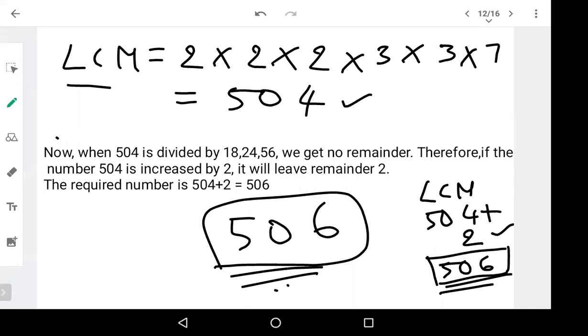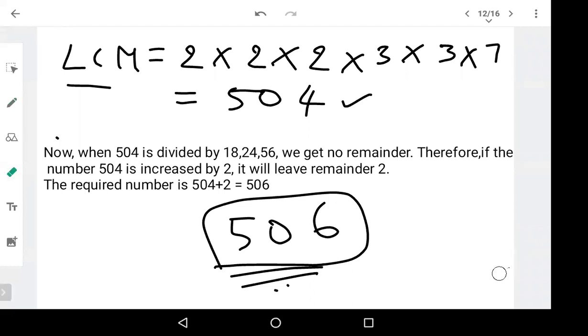When 504 is divided by 18, 24 and 56, let us find it out also. Let's not get confused so much. 504 divided by 18, how much do you get? What is the answer you get? 28.